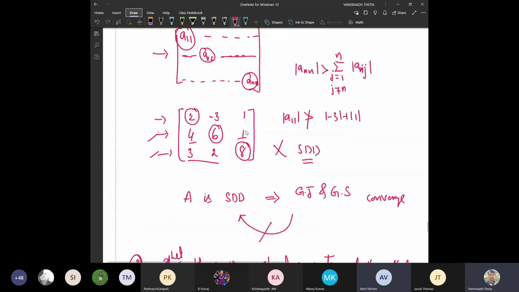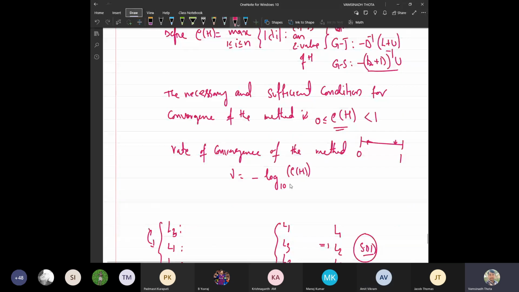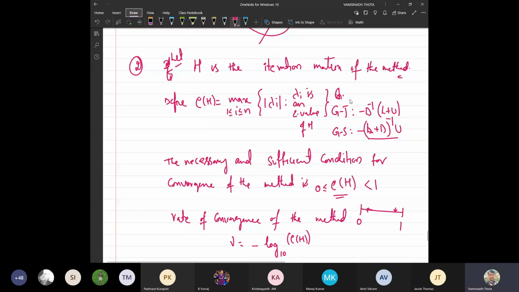As you can see, the rate of convergence depends completely on the iteration matrix, not on the coefficient matrix. Obviously, in the Gauss-Jacobi method the iteration matrix is different, and in the Gauss-Seidel method the iteration matrix is different.